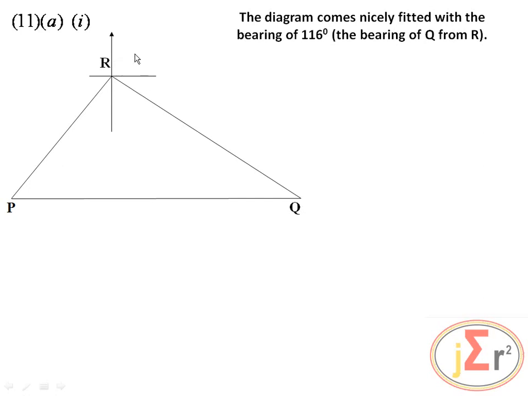So the bearing of Q from R will be the angle that the line RQ makes with the north line if we travel in a clockwise direction.